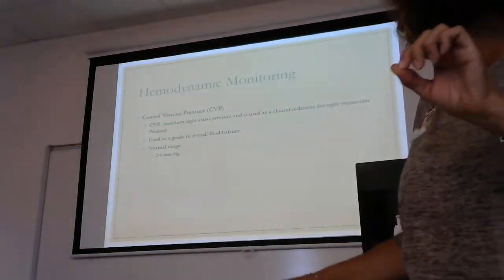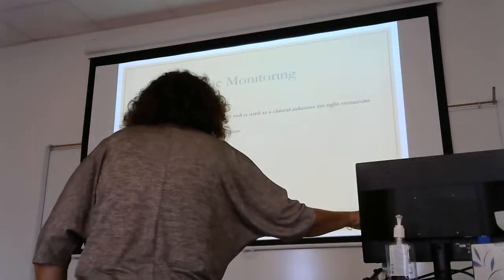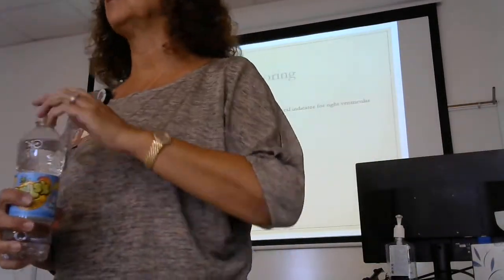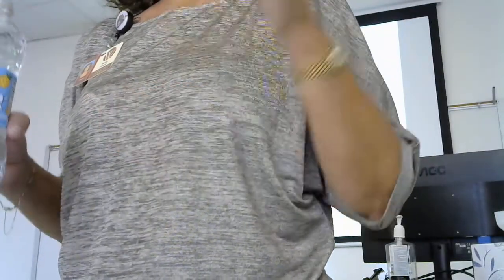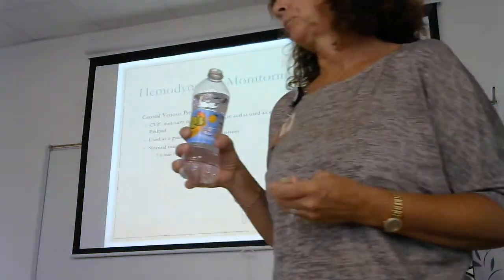So what kind of patient would this be really helpful in? It doesn't even have to be a cardiac patient. What kind of patient would this be an awesome number to have? Renal? Yes, why renal?